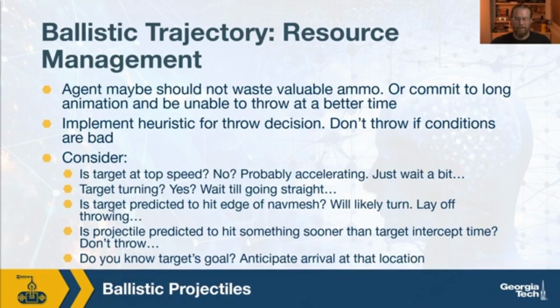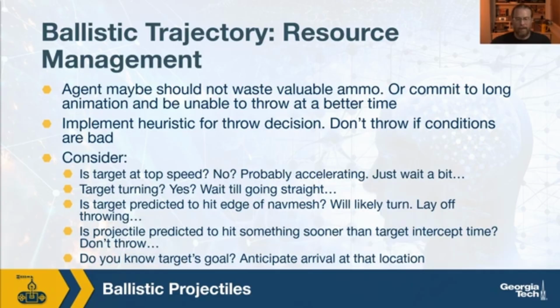I'm not going to have my agent throw. You can also check if your projectile is predicted to hit something sooner than the target intercept time. So you could say, just simulate throwing it and see if you get an intersection of the line that's formed by the throw. And then lastly, you can consider, well, do you know your target's goal?